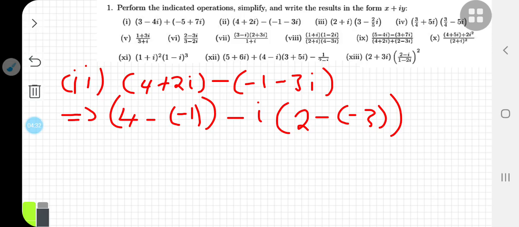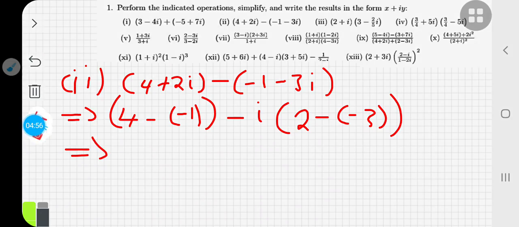So I have 4 minus negative 1, I close the bracket there, then minus i outside, then 2 minus negative 3.